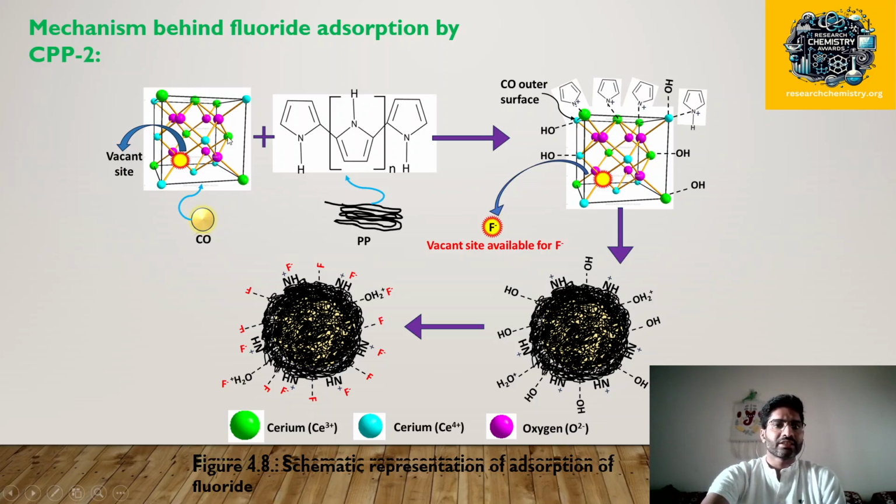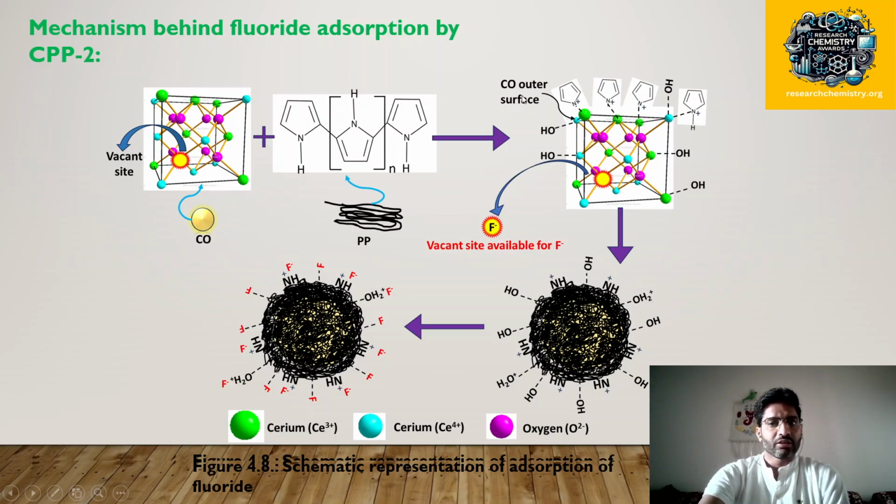Here we could see that these are various ions. These are the cerium ions, in blue color, and this green color are also cerium ions present over there. There is a vacant site available here, which generates some unbalanced forces, which is also responsible for the increase in absorption capacity of CPP2.